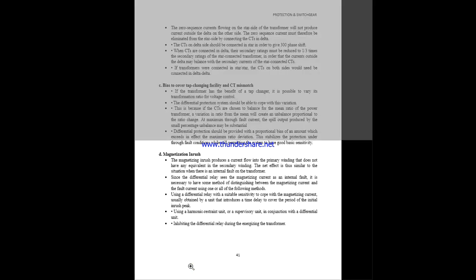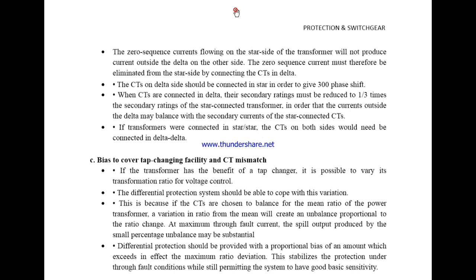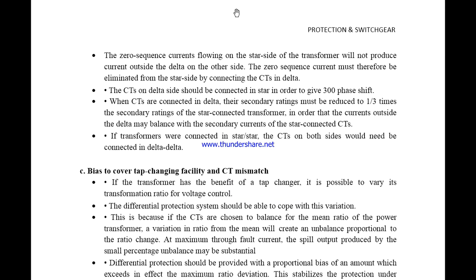Negative sequence currents flowing through the star side of the transformer will not produce current outside the delta on the other side. The zero sequence current must therefore be eliminated from the star side by connecting the CTs in delta. The CTs on the delta side should be connected in star in order to give the 30 degree phase shift.